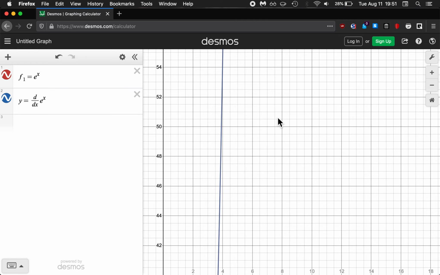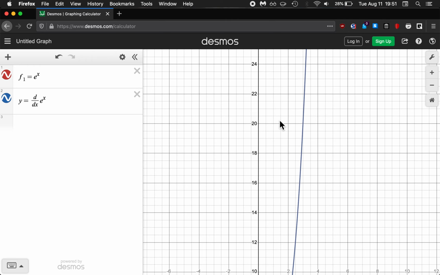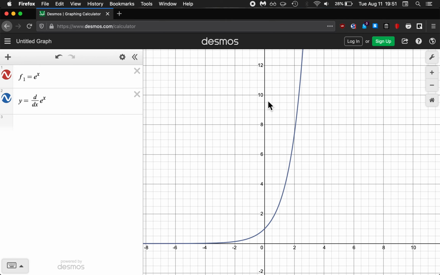And I know that's happening because the derivative of that function, the exponential function, is very large. So there's sort of a self-referential aspect to this exponential function. It's kind of funny that way. I think it's cool.